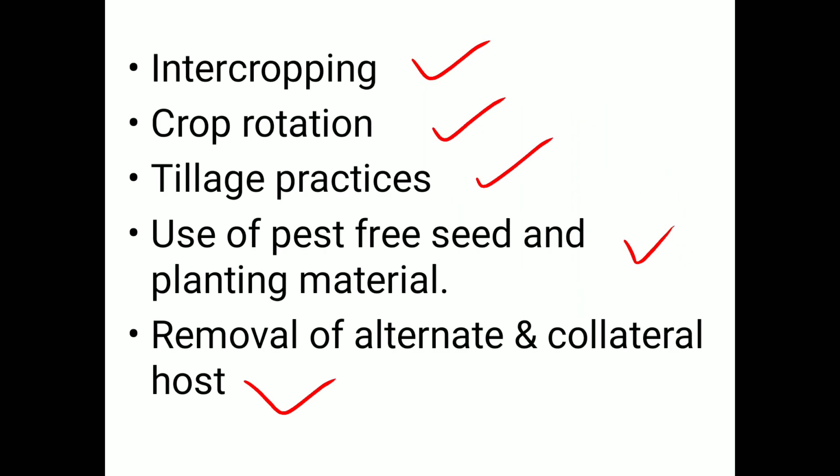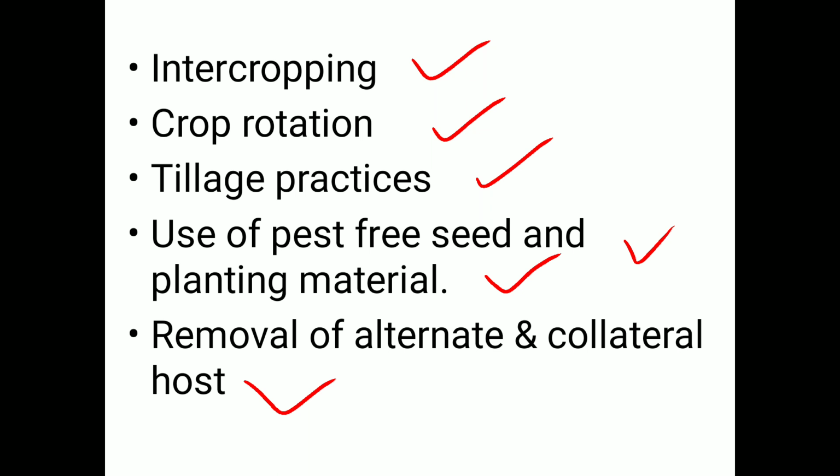Next, one most important part is use of pest free seed and planting material. As we know, most plant diseases spread due to the use of diseased or pest affected planting material. So a better way is to use tissue culture plantlets.